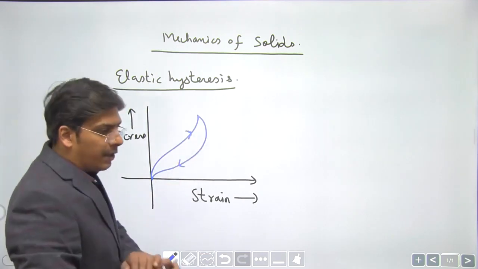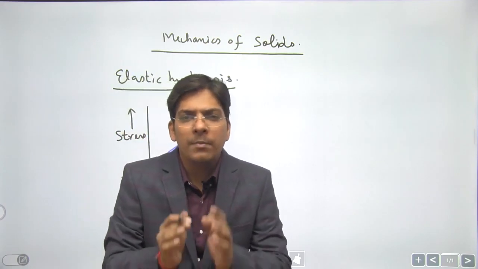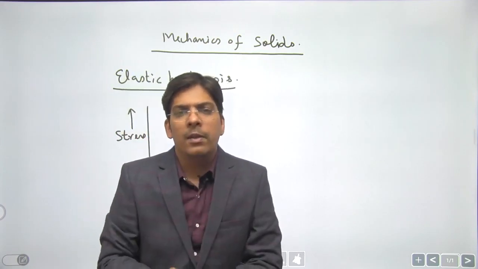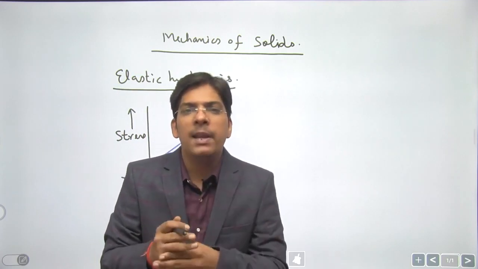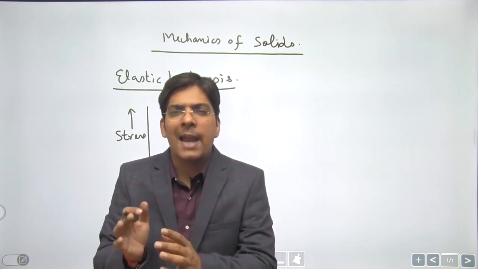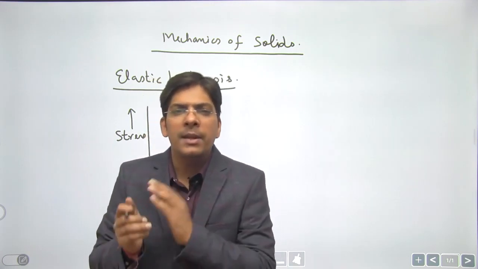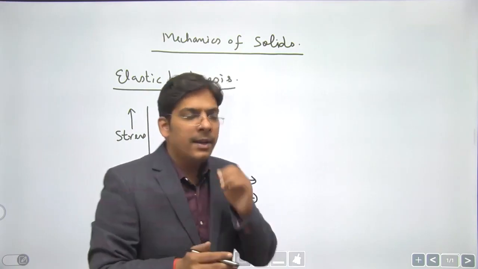When we reduce the stress to zero, strain does not become zero immediately. There is some time delay in which strain becomes zero. This phenomenon of lagging of strain behind stress is called elastic hysteresis, right?